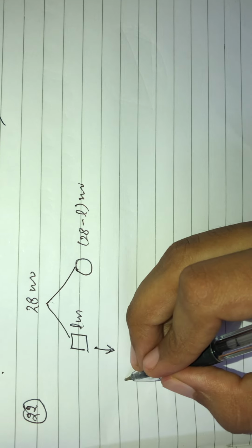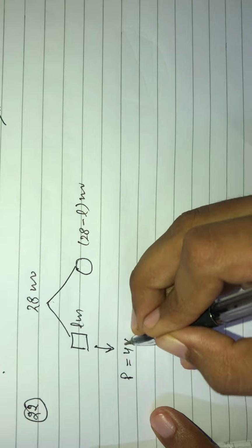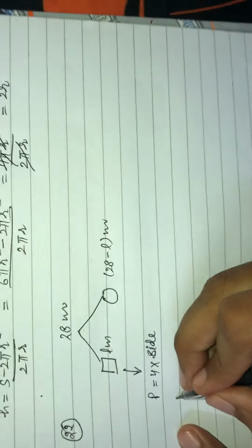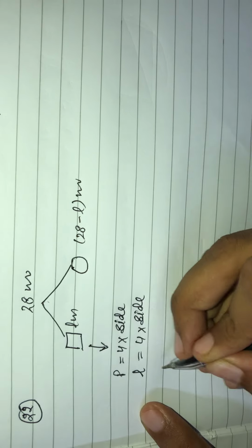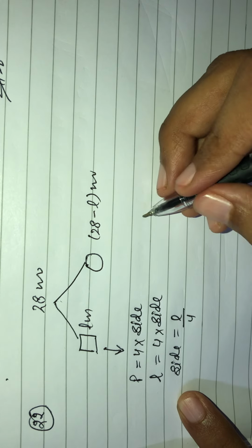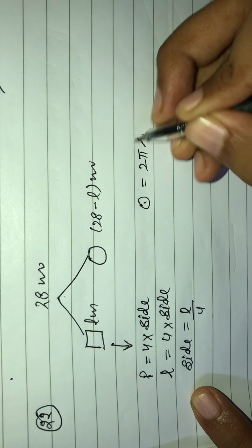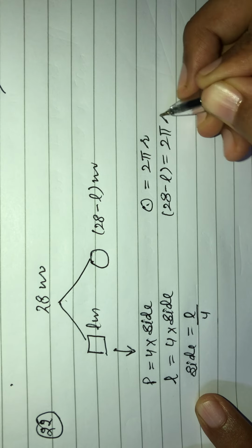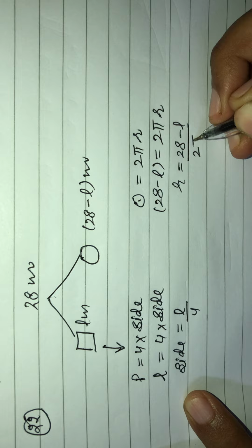So for the square, the perimeter of the square will be 4 into side. So the perimeter is L, 4 into side, so the side will be L by 4. The circumference of the circle will be 2 pi r. So from here I am getting r as (28 minus L) upon 2 pi.